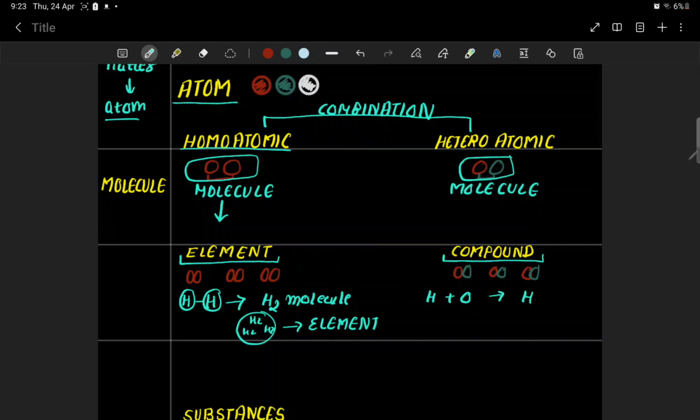They can combine and form water, which is a compound.